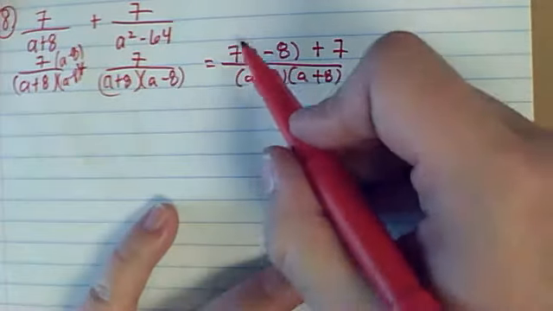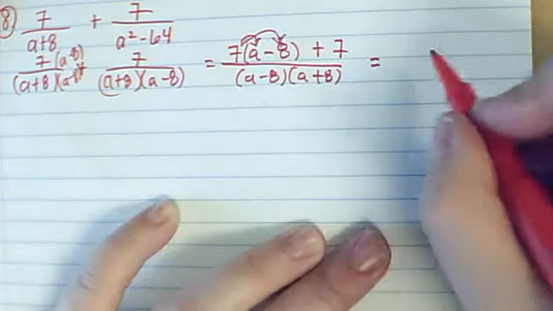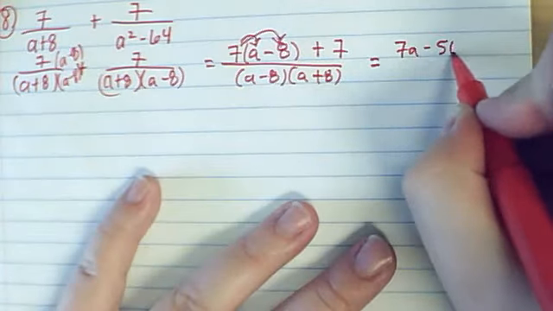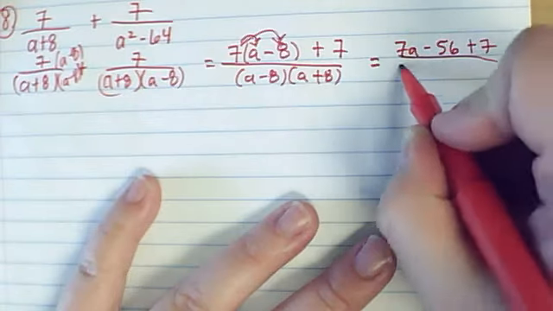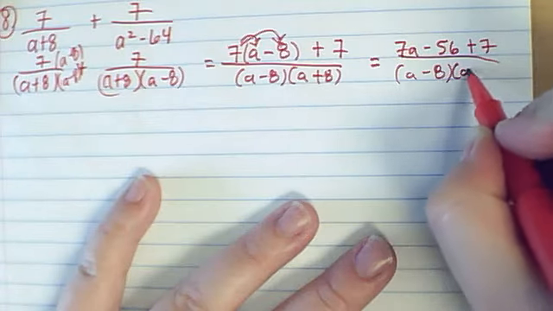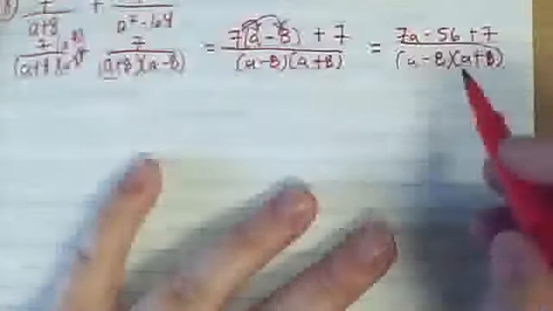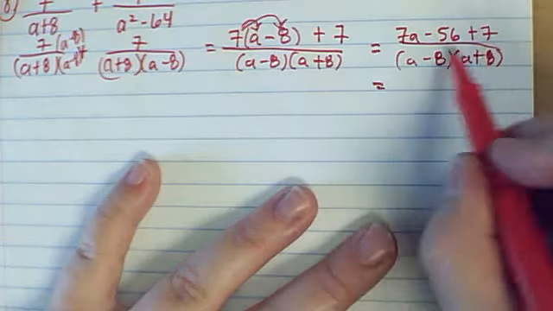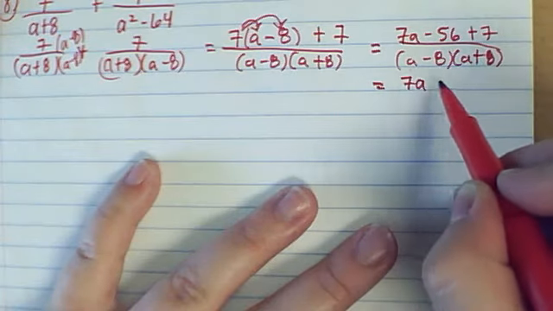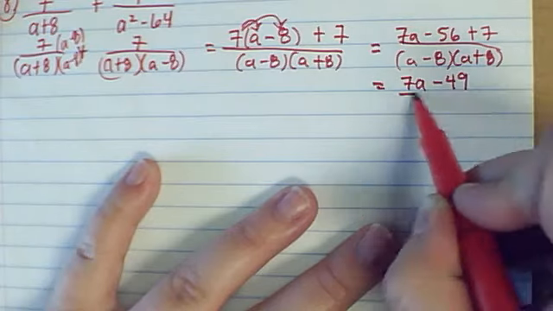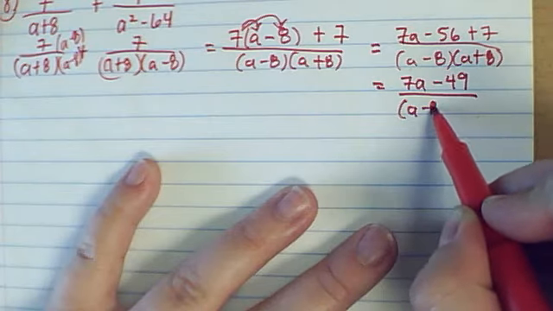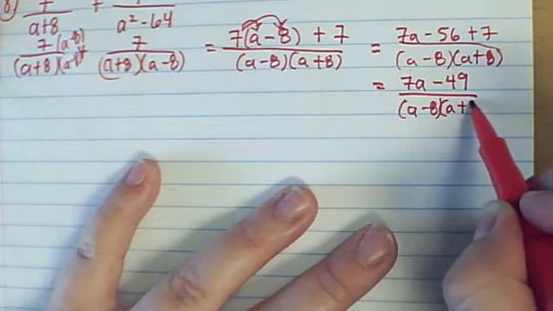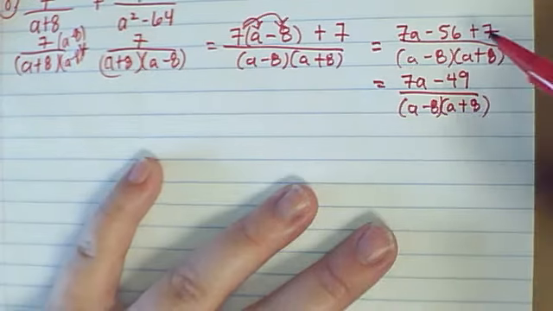Alright, when I distribute here, I have 7a minus 56 plus 7 over (a minus 8)(a plus 8). Alright, if we go ahead and combine our numbers, negative 56 plus 7, I get negative 49. So this is my final answer.